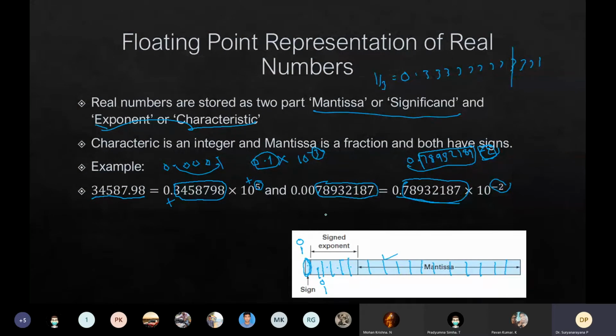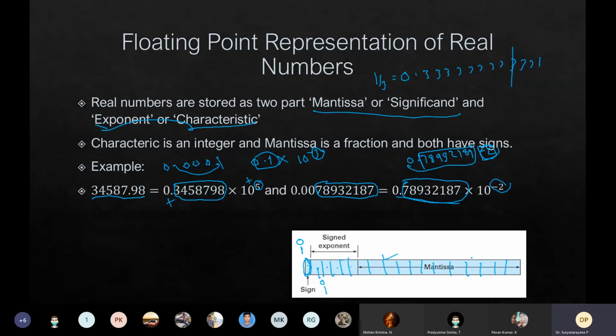Again, there has to be some limit. We have to talk about it in terms of bits. So let's say we are allowing a total of this many digits to store the real number.